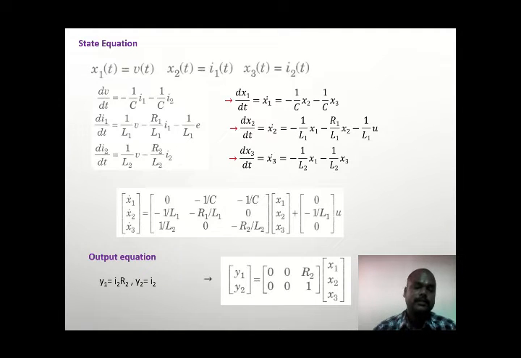So here we can see we have selected two outputs. One output is the voltage across resistance R2 and another output is the current I2. So when we put these into this equation, you can clearly see that only state x3 will be responsible for these two outputs, and state x3 is I2.